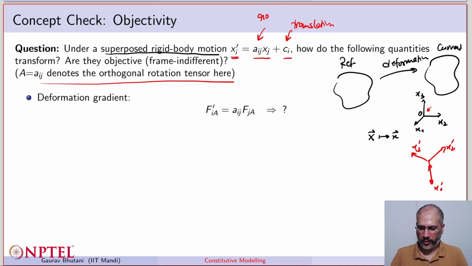So this has the information about the rotation of the observer. Now the question is to check whether we could write our constitutive law in terms of, let us say, F, which is the deformation gradient tensor. So basically we have to check whether the measure F is an objective measure or a non-objective measure.